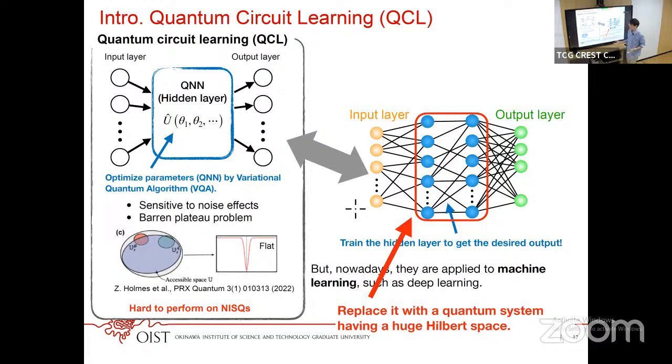As a result, it's hard to optimize. So quantum circuit learning is hard to perform on NISQ devices, as I said, because it's sensitive to noise and has the barren plateau problem.